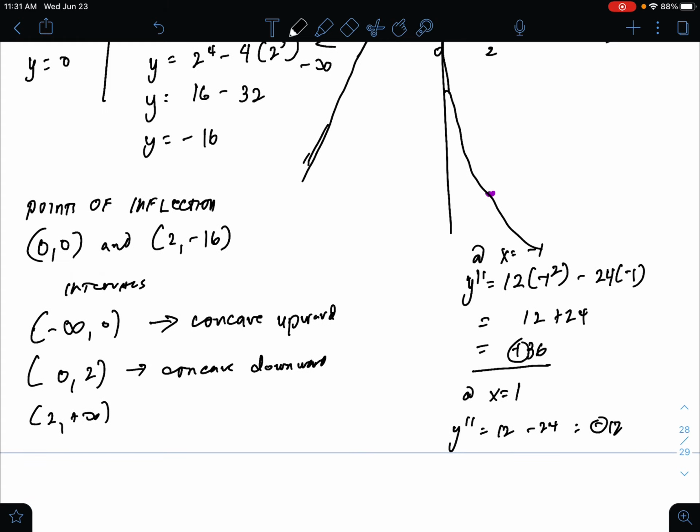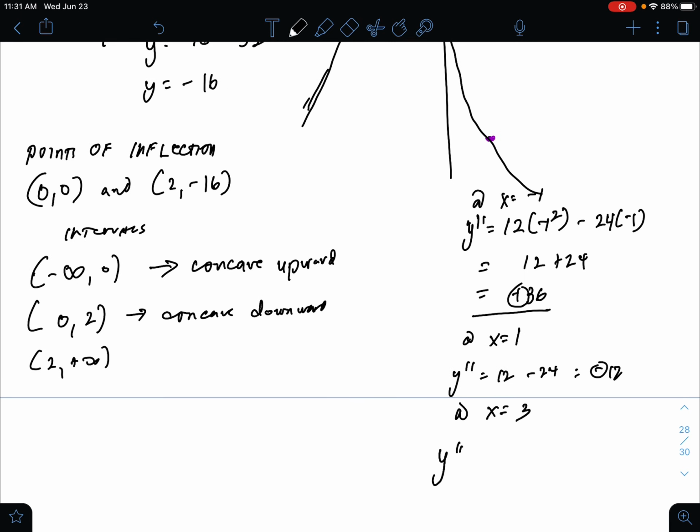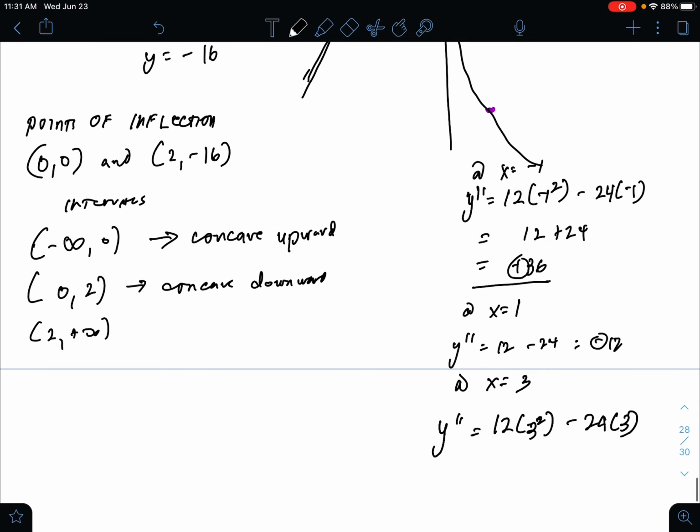So, 3. 12 times 3 squared minus 24 times 3. 9 times 12 is 108.